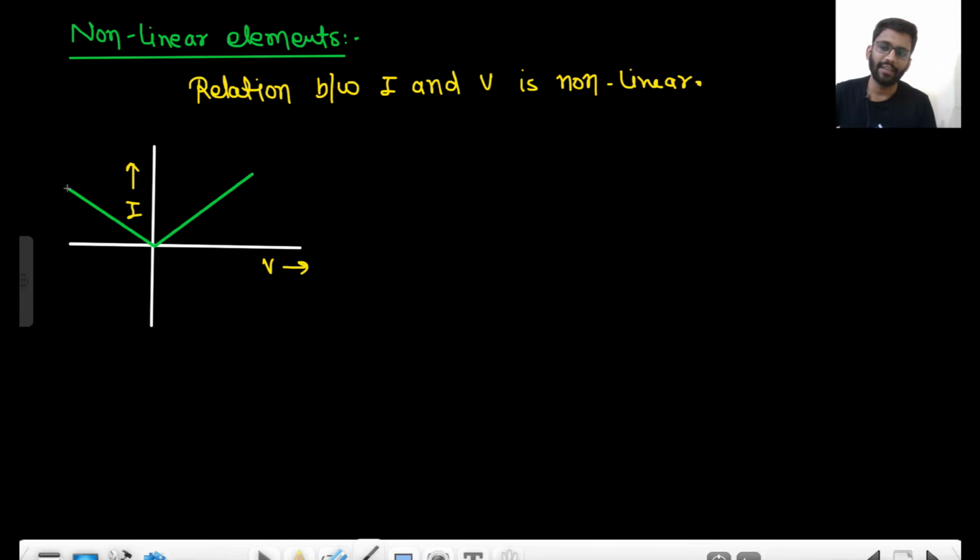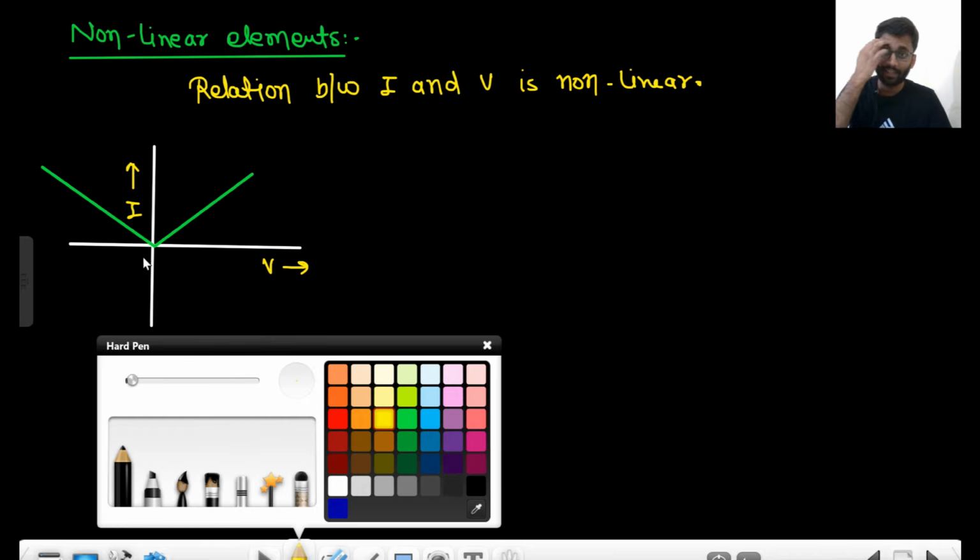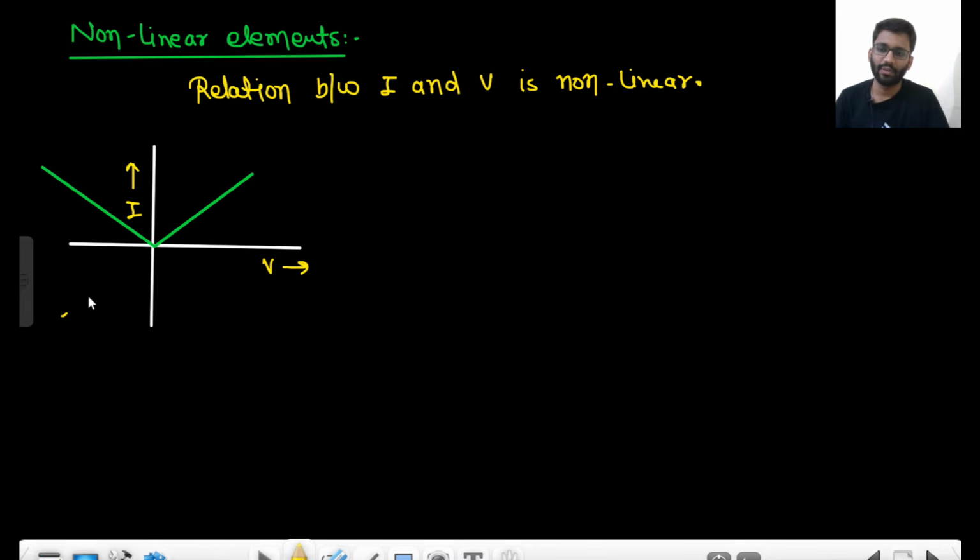Now if V is increasing in the negative direction, the current is still increasing in the positive direction. So it's not a straight line passing through the origin. If it was a straight line passing through the origin, it would look something like this. So it's not a linear element. The relationship between I and V is non-linear. Now let's see some examples.